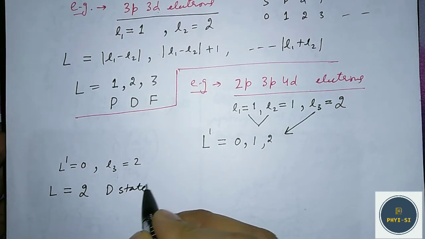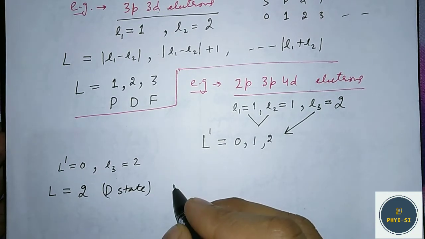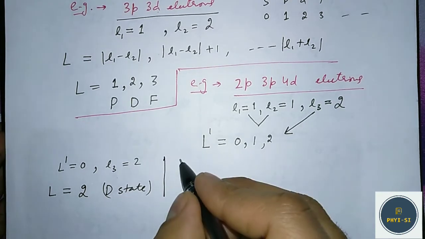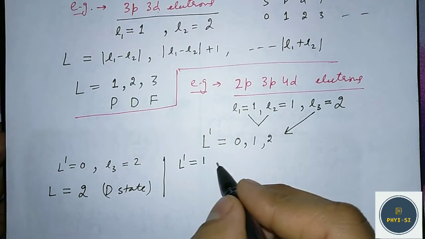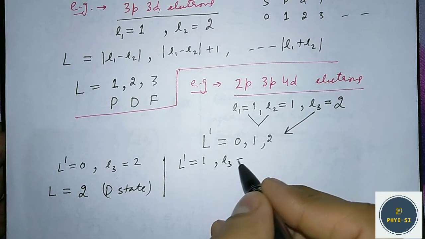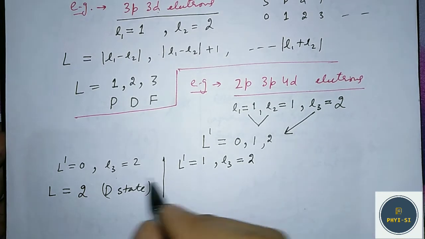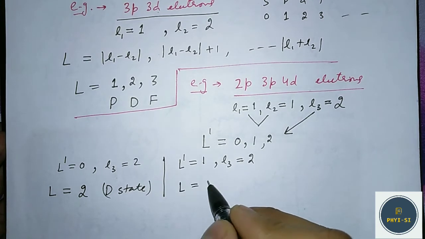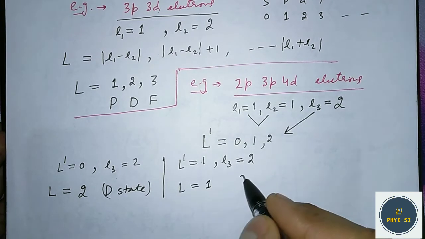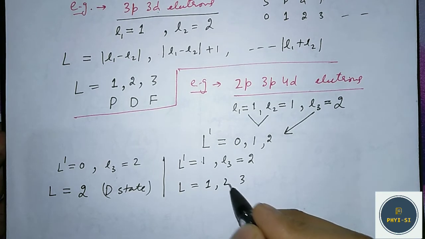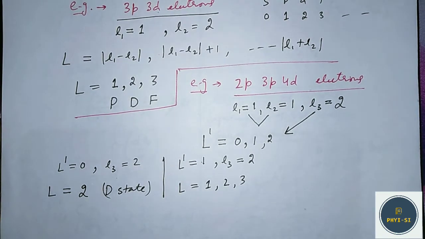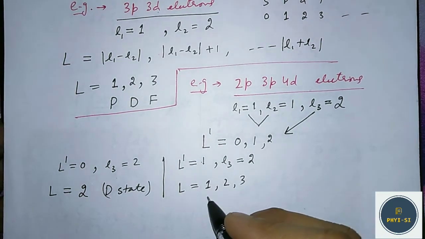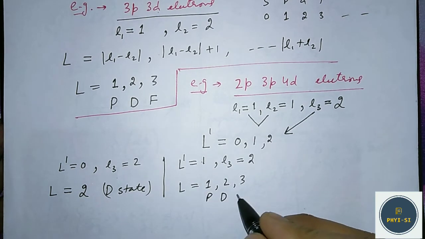Then L dash is equal to 1 and L3 is equal to 2. So we have 2 minus 1, that is 1, to 2 plus 1, that is 3. So we will have 1, 2, and 3. So this is P, this is D, and this is F state.